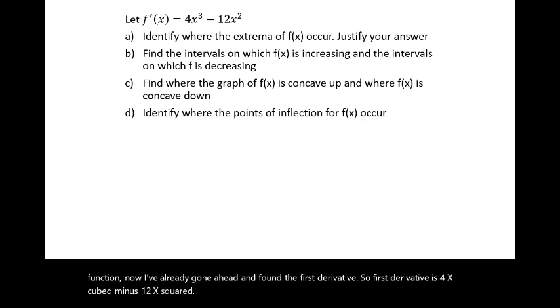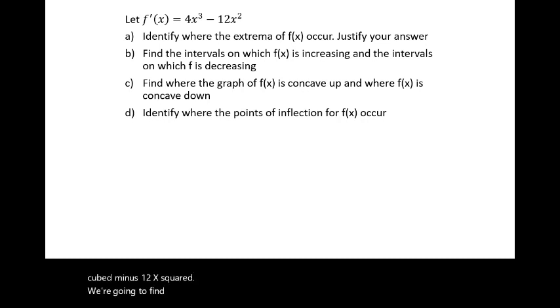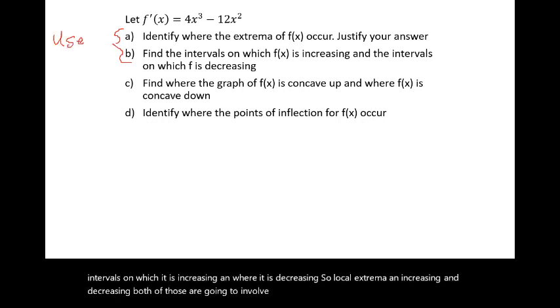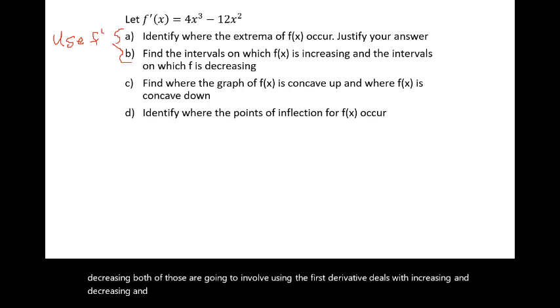We're going to find the local extrema of this function, and figure out the intervals on which it is increasing and where it is decreasing. Both of those involve using the first derivative. The first derivative deals with increasing and decreasing and local maxes and mins.